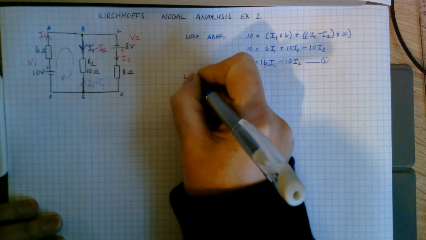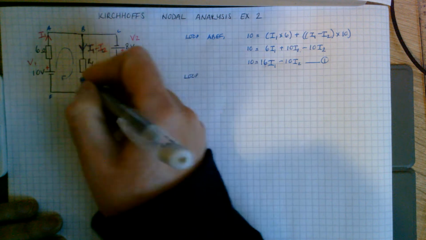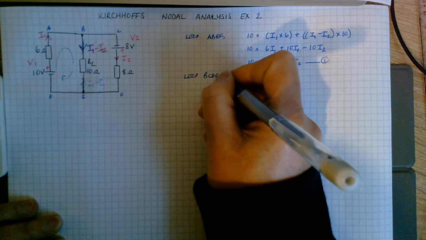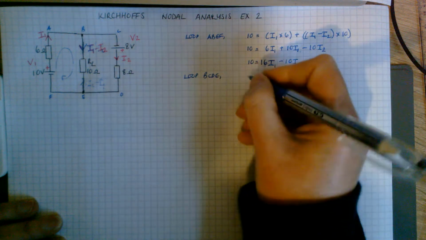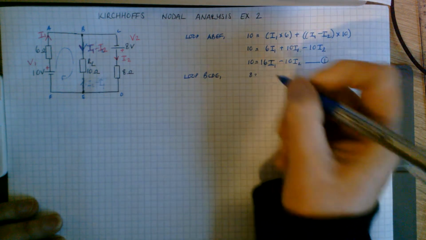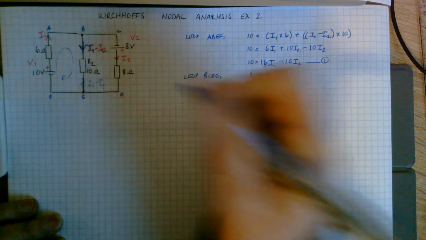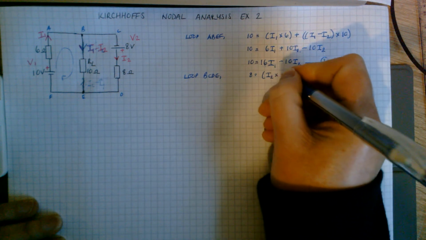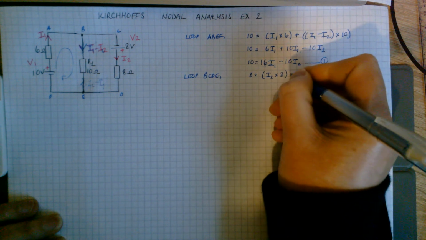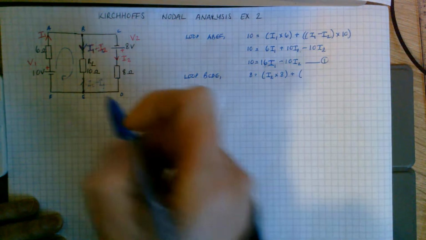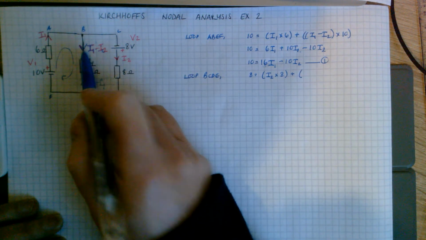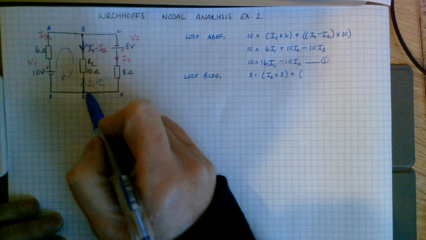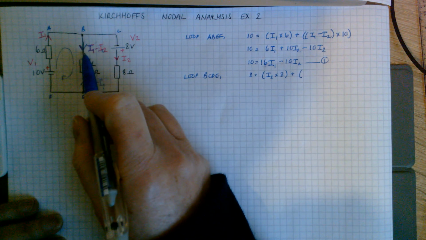Then the next loop I'm going to look at will be this loop here to the right, B, C, D, E. My supply in this loop is 8. And again, I times R for this one, and then I times R for this one. The difficulty you've got here is that when you follow around I2, looking at the direction of that arrow, it's going against that.